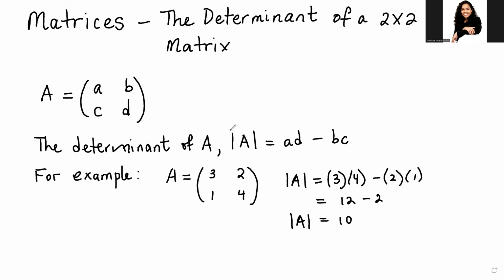And we write it like this, modulus A. In matrices, this stands for the determinant of A. So in this example, A is 3, 2, 1, 4, and the determinant would be 3 times 4, take away 2 times 1.